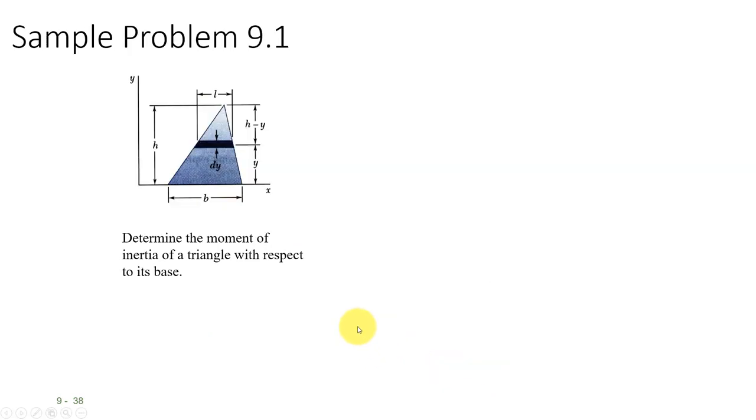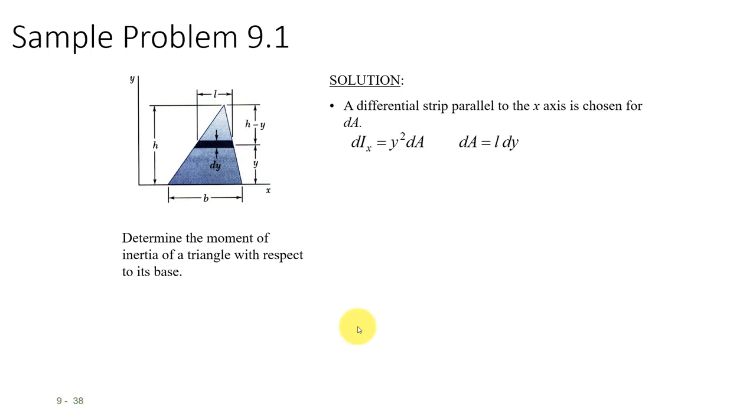Okay, just a couple of examples. I'll go through these quickly. You can look at them in more depth in the notes. So here's a triangle. This is something you can actually look up in a table, but let's go ahead and chug through it. So remember, rotating around the x-axis, that means you're looking at the distance in the y direction.